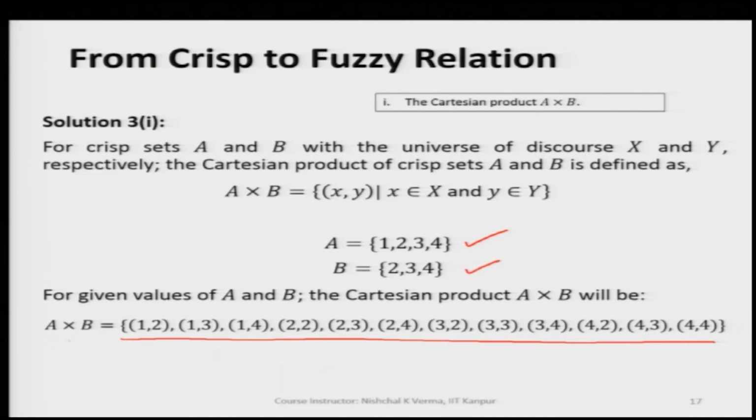A cross B, the Cartesian product of A and B here, is the collection of all the ordered pairs of elements coming from set A and set B respectively. So, we get 4 into 3, that is 12 ordered pairs, as elements of the Cartesian product of set A and set B.